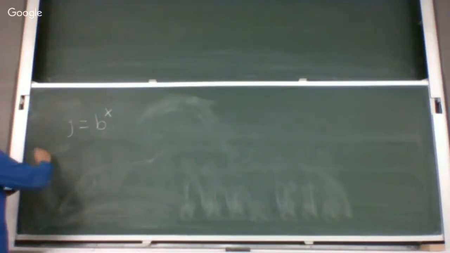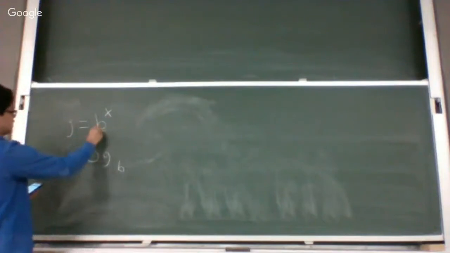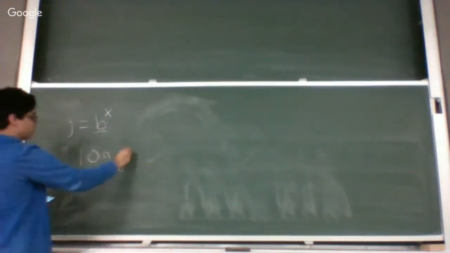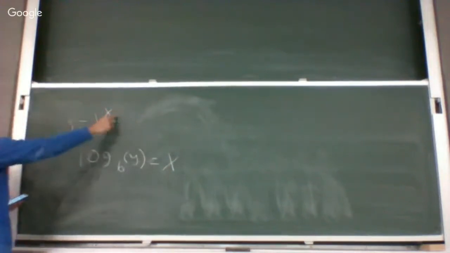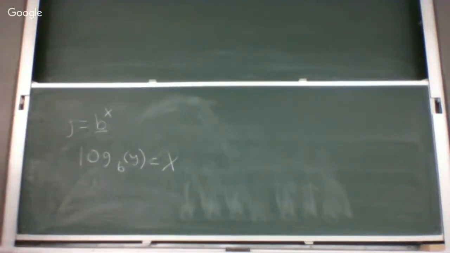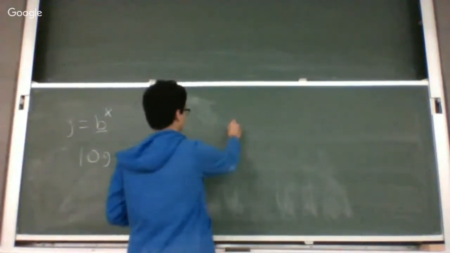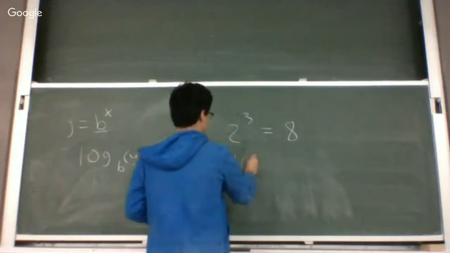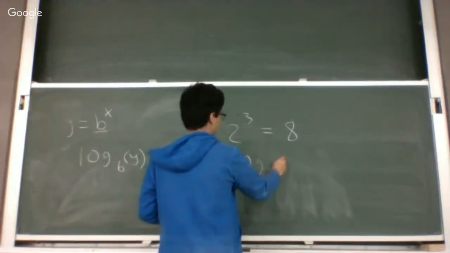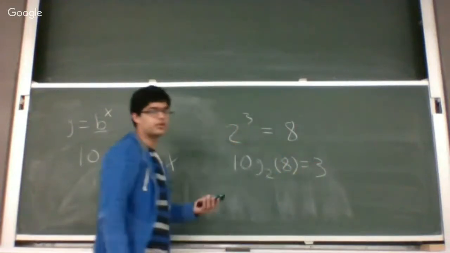If I rewrite this, I can write it as log of base b of y equals x, so I can know the exponent which that number is raised to. So it's a quicker way of figuring that out. So if I have 2 to the third power equal to 8, then log of base 2 of the value 8 gives me 3.